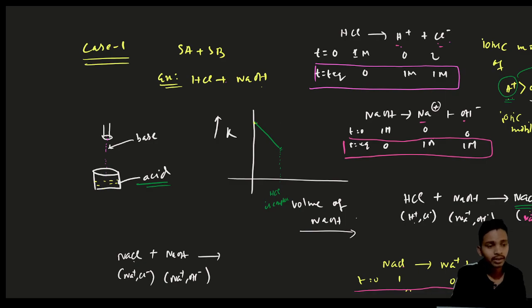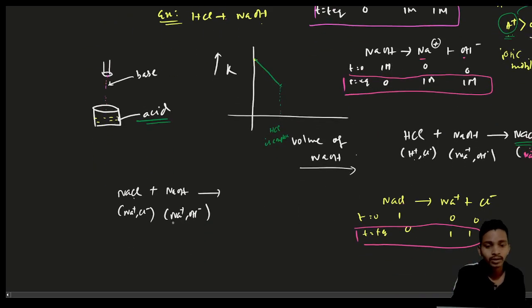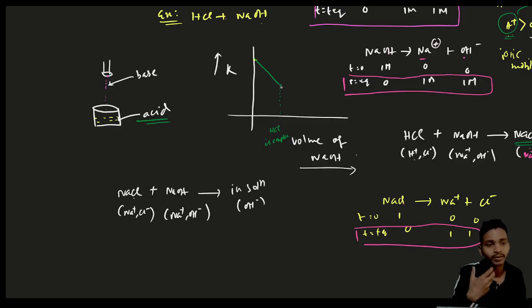So now in the solution OH minus concentration is increasing. Here, when it is completely neutralized, at that time Na plus was there, that's why the conductance decreased. Now you are adding base again and again, it means you are adding OH minus, so the OH minus concentration is increasing.